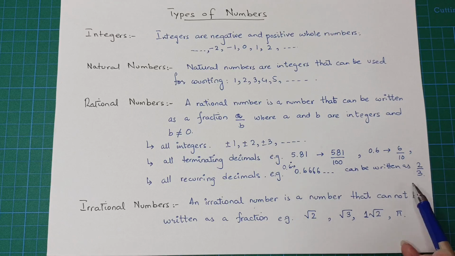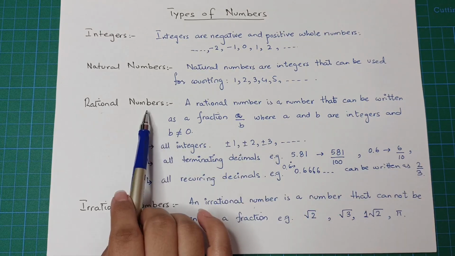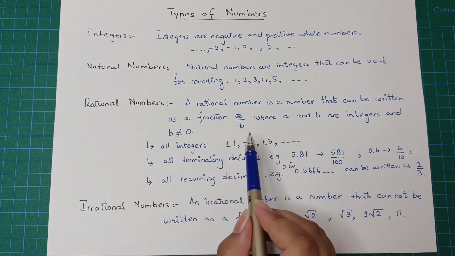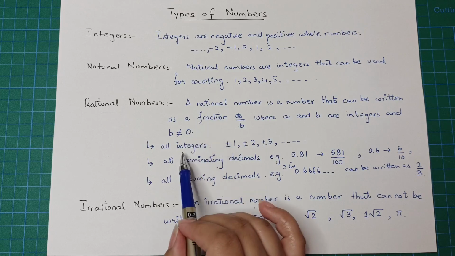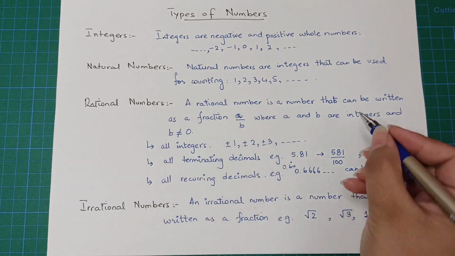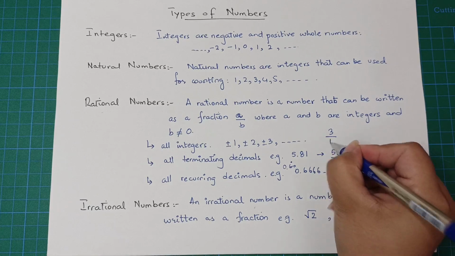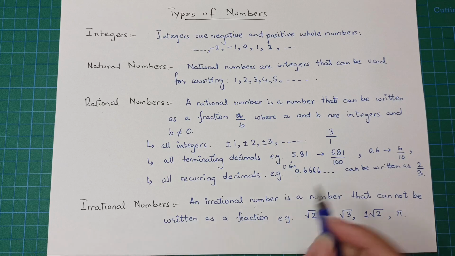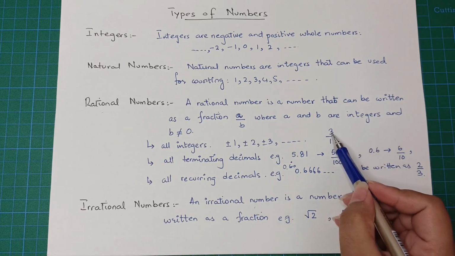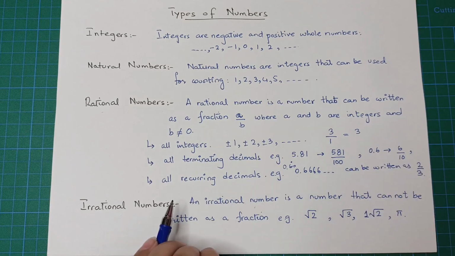Okay, so such decimals can also be included in rational numbers because all of them can be expressed in the form of a fraction. And you must be confused about how an integer can be expressed as a fraction. If you have a number like 3, you can write its denominator as 1, because anything that is divided by 1 will be itself.